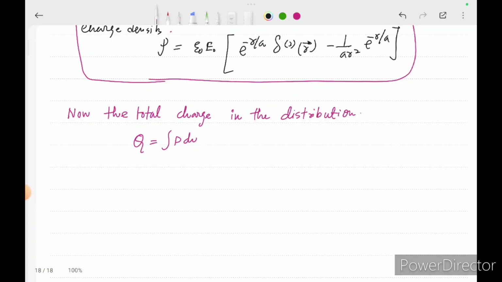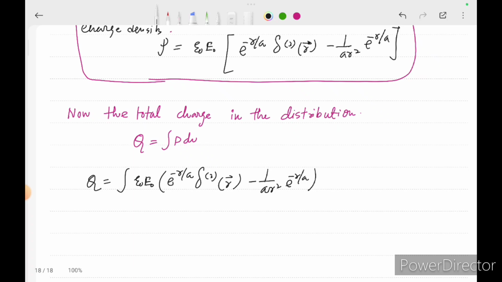Rho we have already calculated, so Q equals epsilon naught E0 times e to the power minus r upon a delta cube r vector minus 1 upon a r square e to the power minus r upon a.